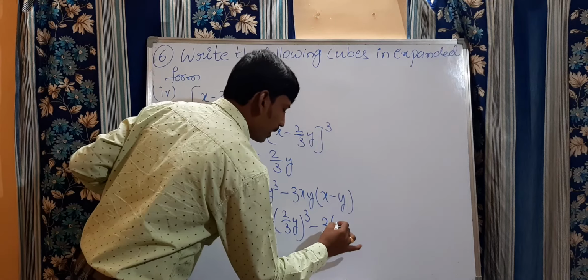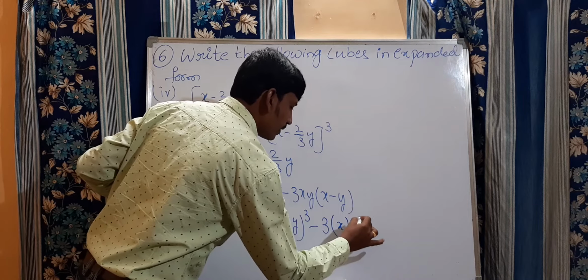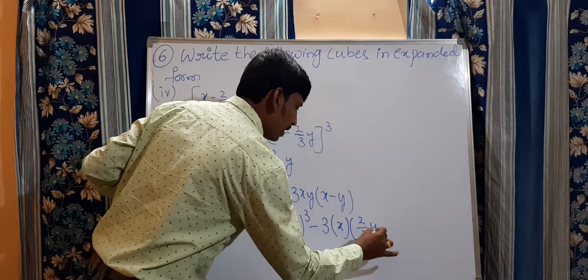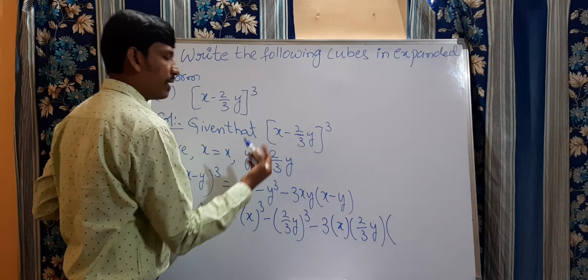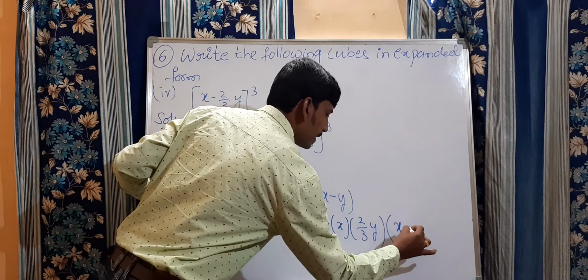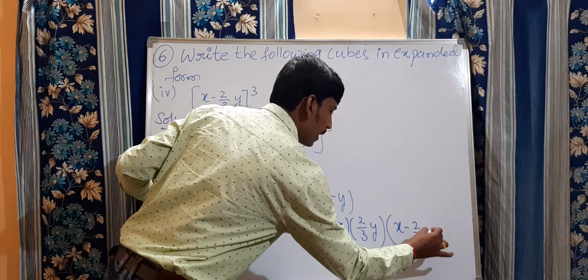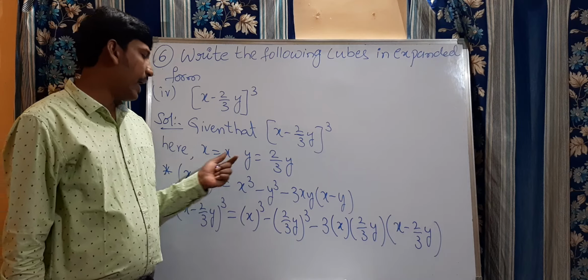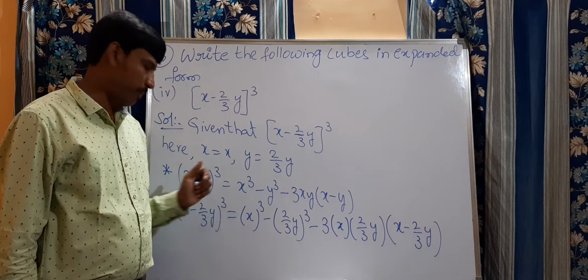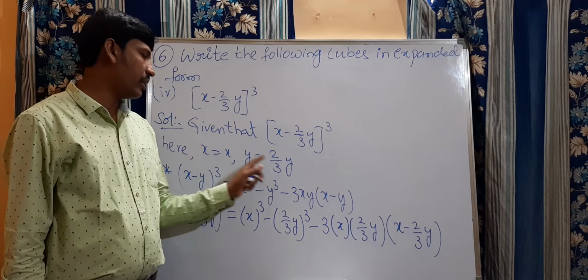The x term is x only, and the y term is 2/3 y. What is x − y? X − y is nothing but the given term, that is x − 2/3 y. Clear, my dears? In the place of x and y, I substitute these two values.